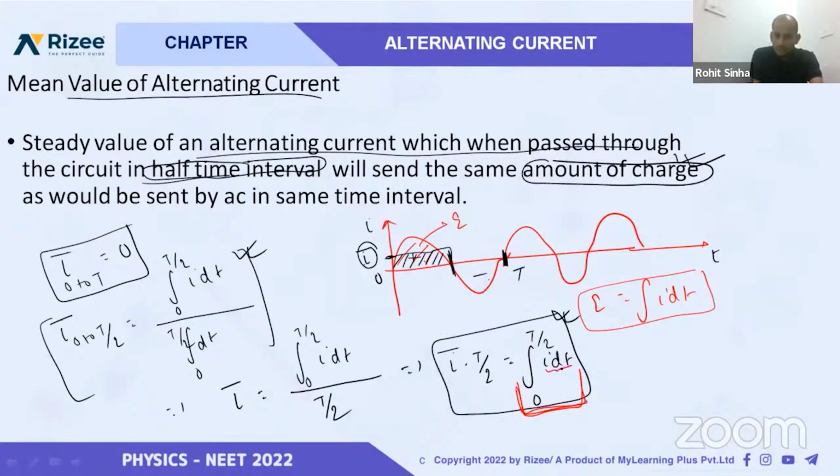I dt means charge supplied by the alternating current in half cycle, and this is the charge supplied by the steady current in half cycle, and they are both equal. So if we find this value of I bar, we will get the value of average current.